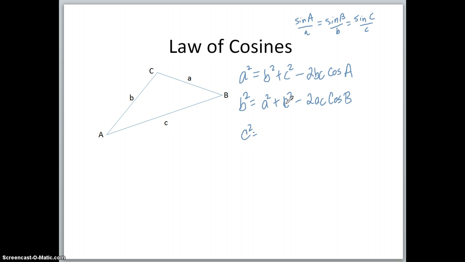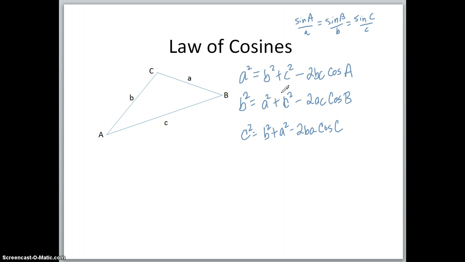So instead of AC or BC, we're going to use, that's right, B and A, minus 2BA times the cosine of C, that's right. So this is the law of cosines, and we would just plug it in the formula and solve.